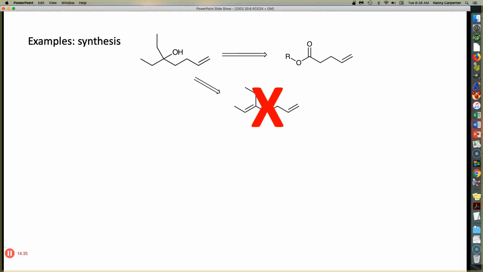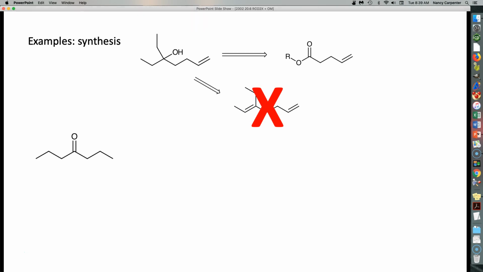It's a bad idea because I have another alkene in my molecule. There's no way I'm going to be able to hydrate one alkene selectively when I have both alkenes in there. Granted, this would be the more reactive alkene because it's tri-substituted, but still, this is the much better disconnection.